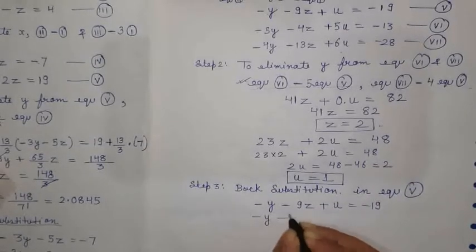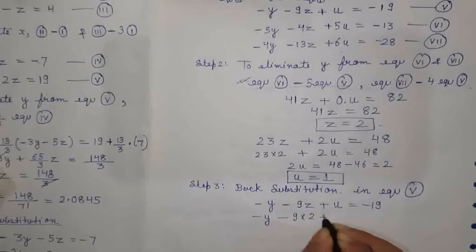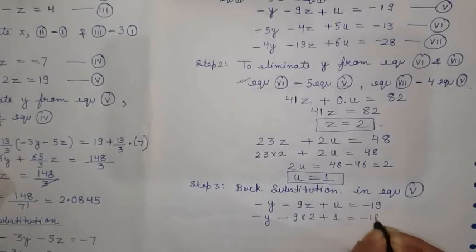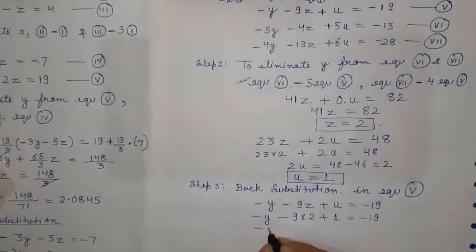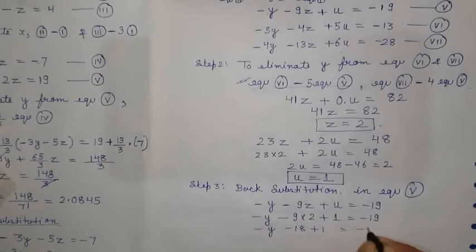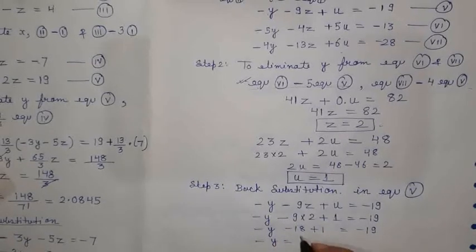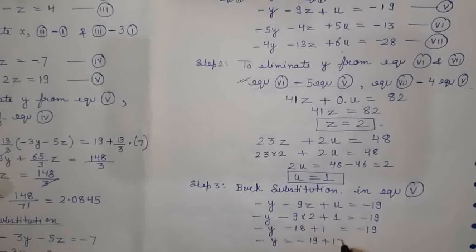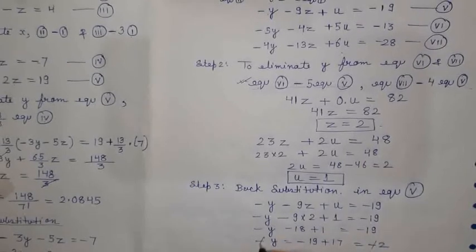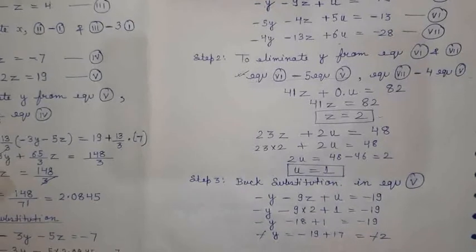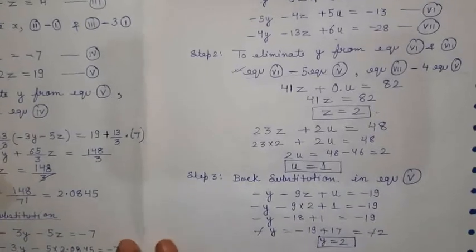So minus y minus 18 plus 1 equal to minus 19, which gives minus y equal to minus 2 after moving terms. The minus and minus cancel out, so the value of y is 2.